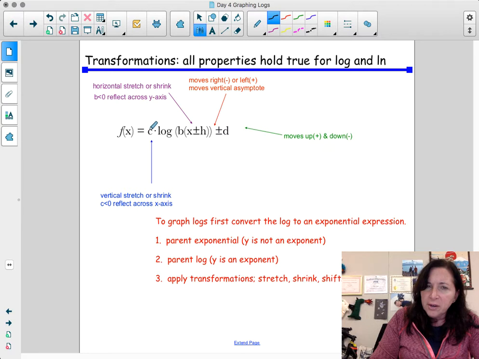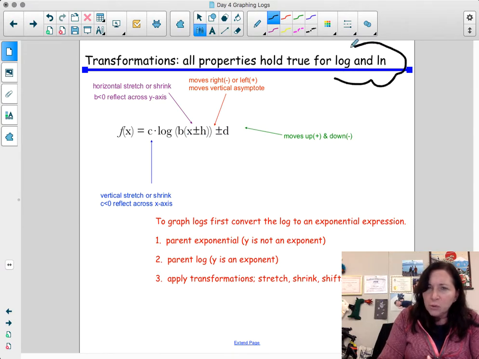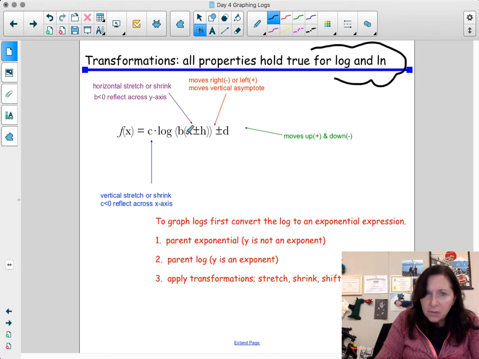This value here in front is my vertical stretch or shrink. These are just true for my natural logs. This value here in front is going to be plus or minus. Oops, hold on a second.